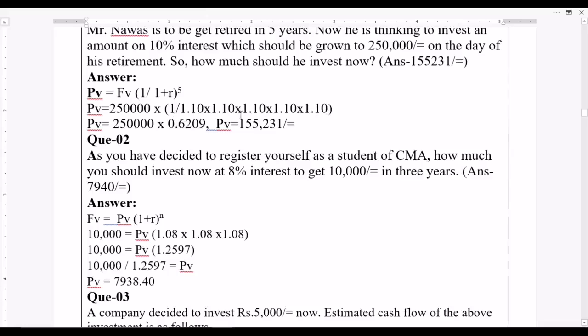If you solve this, you can get this answer 0.6209. So this is the manual method. But I explained this to understand how this 0.6209 arrived.